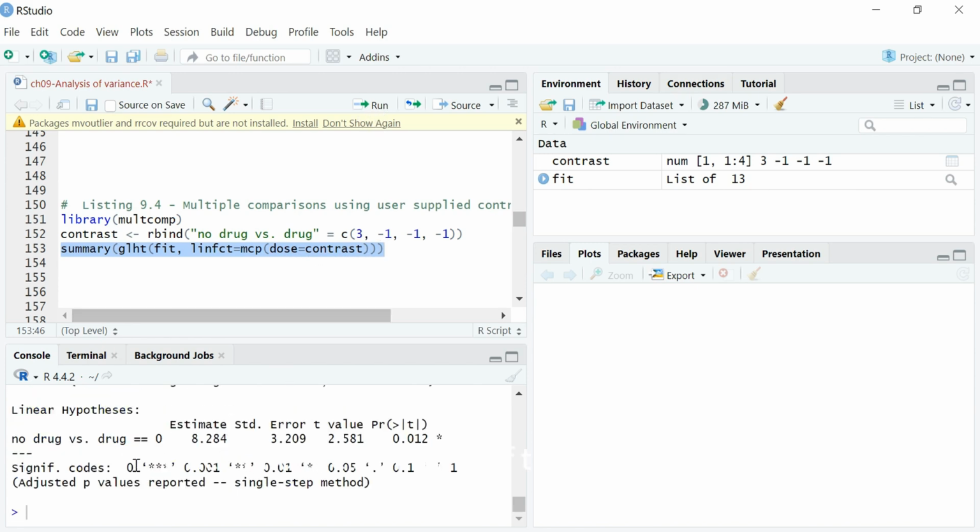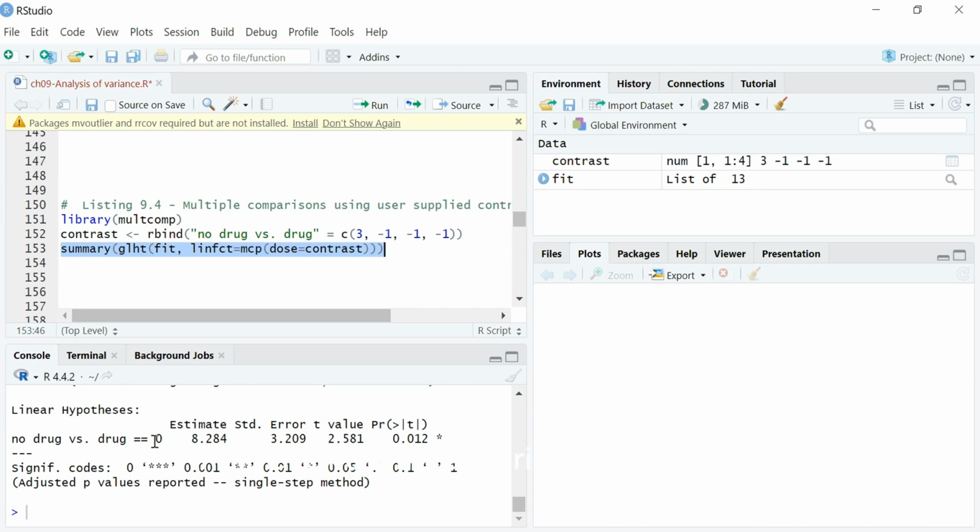We run it, and the summary of these results shows the p-value. This comparison means no drug against drug. The null hypothesis H0 is that this comparison is 0, which means we assume they have no difference, right?